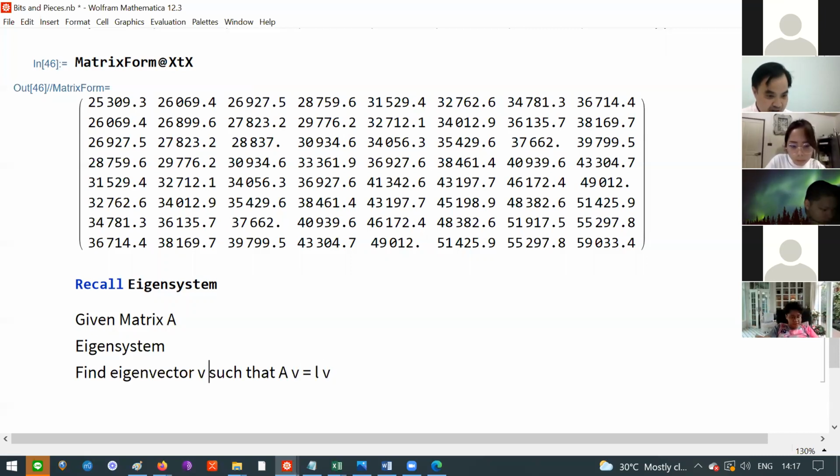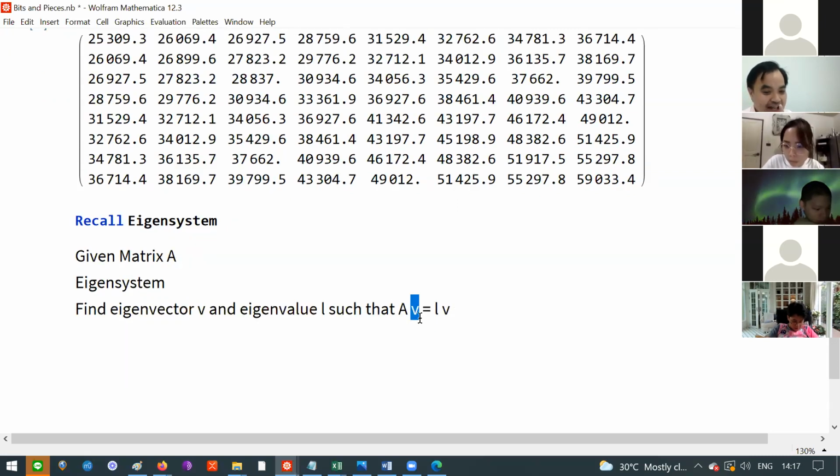Find an eigenvector V and eigenvalue L, such that. You guys remember that? Do you remember that or not? So what it means is, let's say in our case, V is some eight-dimensional object.